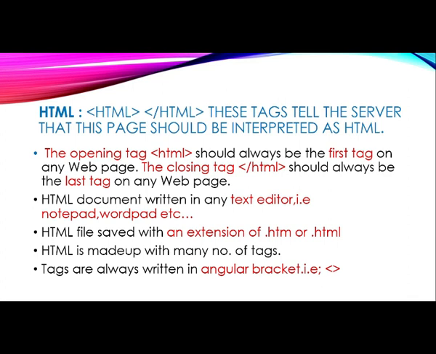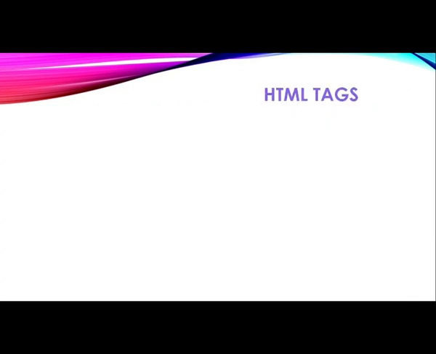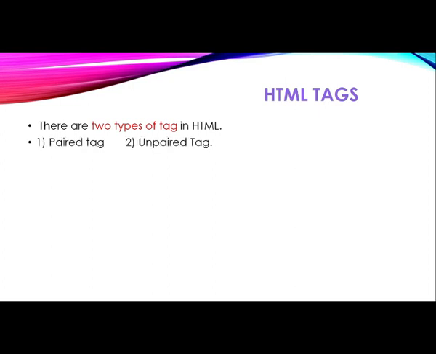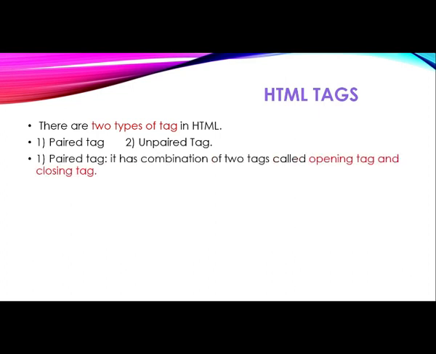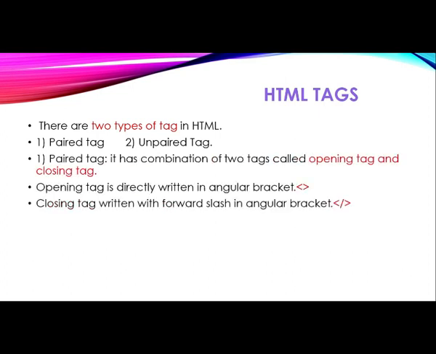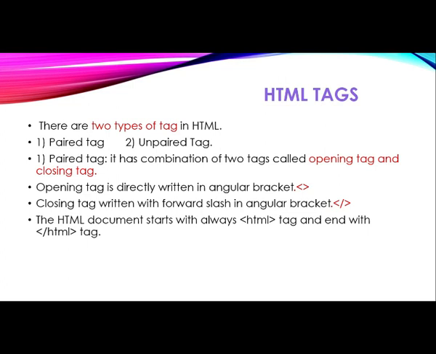Now tags are always written in angular brackets, that is, the opening and closing tags. There are two types of tags in HTML: paired tag and unpaired tag. Paired tag means there are two tags, an opening tag and a closing tag. In HTML we have seen an opening tag and a closing tag, so it is called a paired tag.